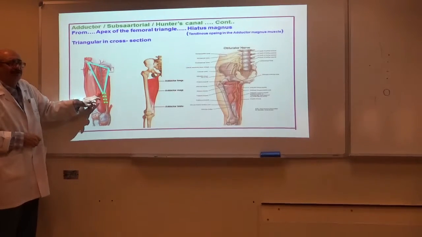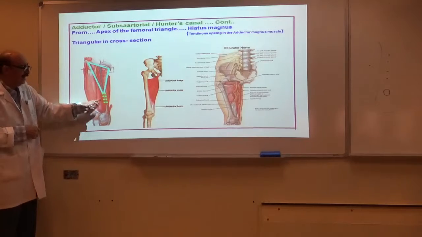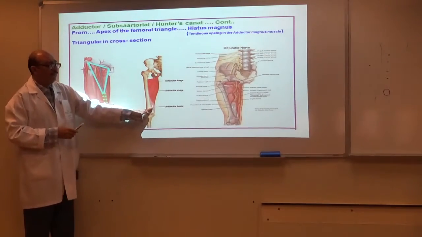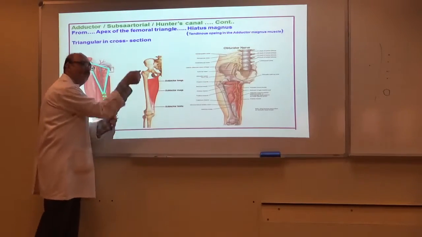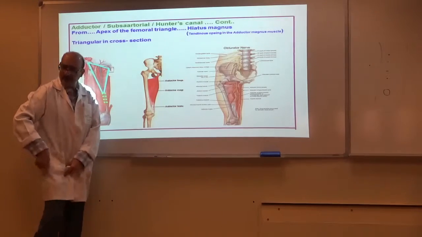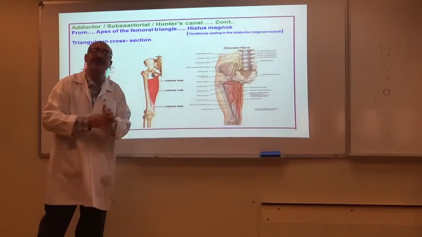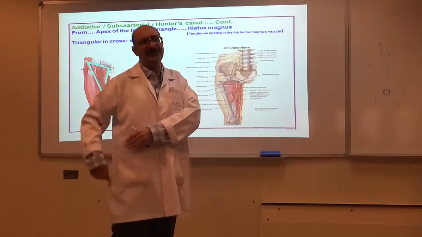Then it will reach into the space which is called the subsartorial canal or Hunter's canal until it reaches the hiatus magnus here. Once it reaches here, it has an area to go back. So from here it will go back and continue on the back as the popliteal artery. So the same femoral artery continues as the popliteal artery after this.